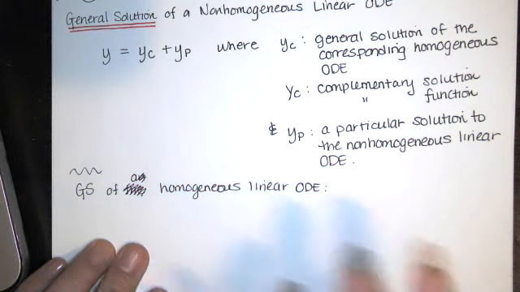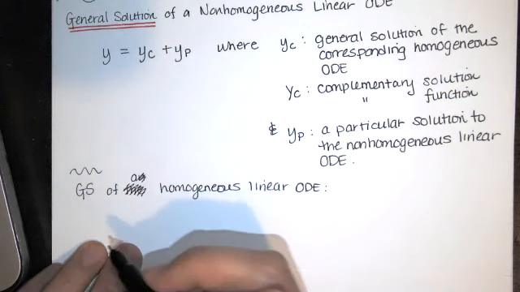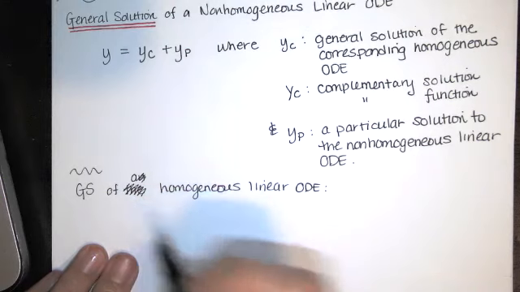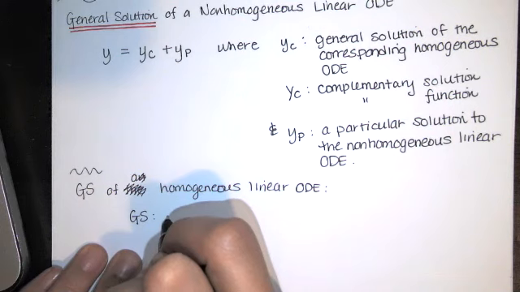And we still haven't talked about how to find these pieces. We're going to talk about how to find these pieces in the rest of the chapter, the rest of this unit. But the general solution has this form for the homogeneous differential equation.